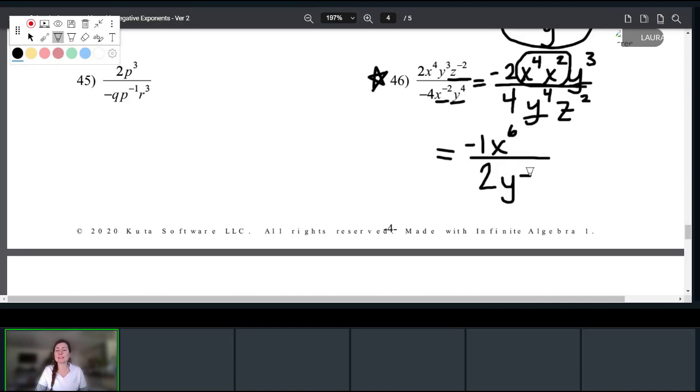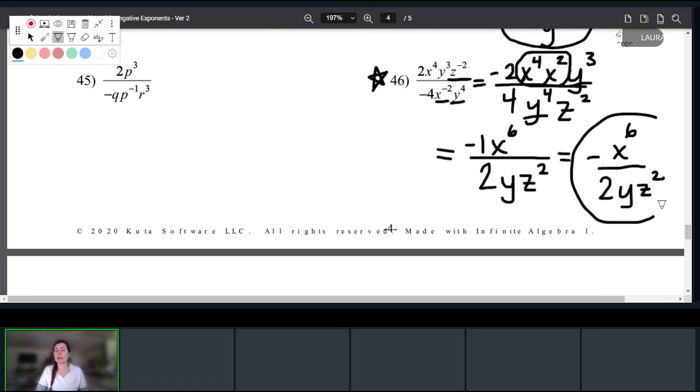Then lastly, z squared doesn't have any friends, so he just stays down there. Now, please note, we do not need to write that 1 in the numerator. This could just be written as negative x to the 6th, that implies that there's a 1 there, over 2y z squared. And there we have it. So make all those exponents positive and then simplify them.